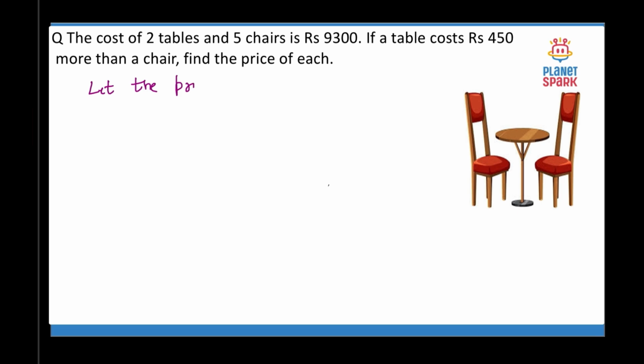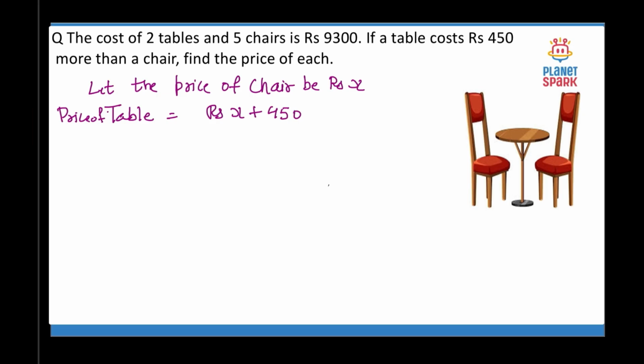Whatever is the price of the chair, 450 is to be added. So, let the price of the chair be x. If the price of the chair is x, the table is 450 rupees more expensive than the chair. So the price of the table is going to be equal to x plus 450 rupees.